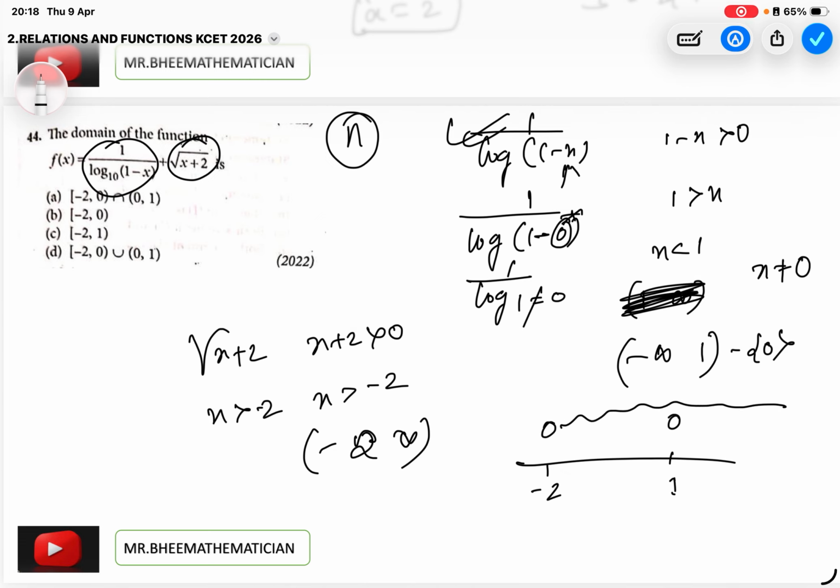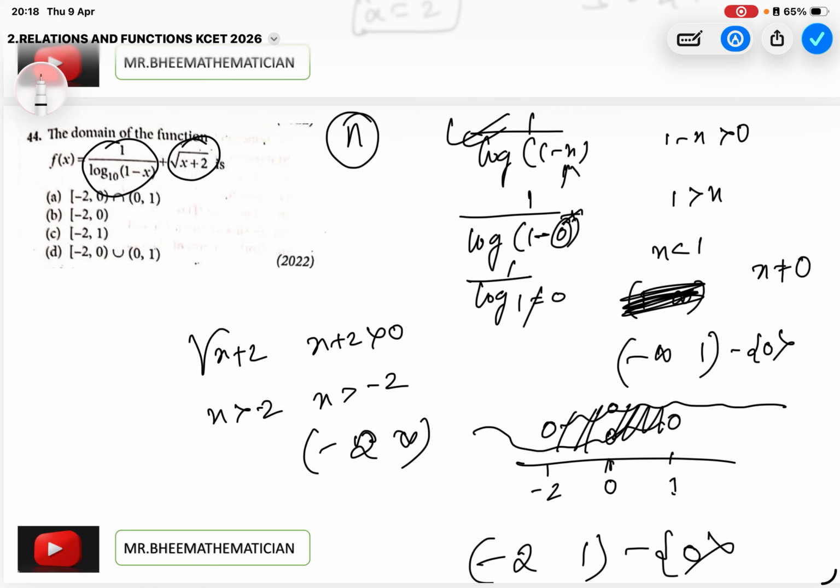So these are the solutions. In this common region, 0 is not there. So the solution is minus 2 to 1, minus 0. This is the answer. Or you can write minus 2 to 0, union 0 to 1.